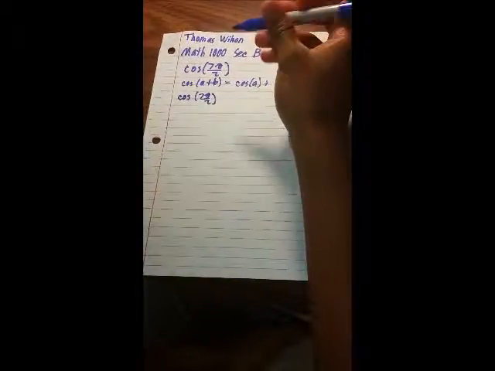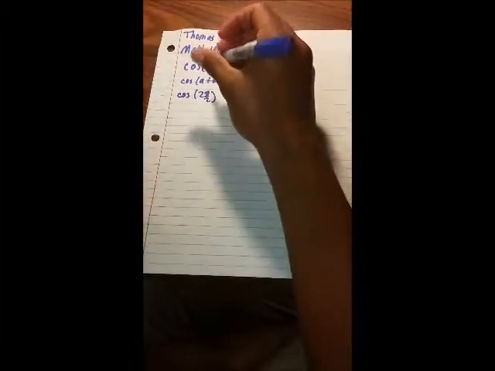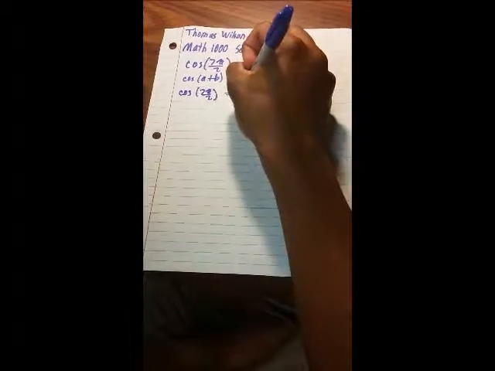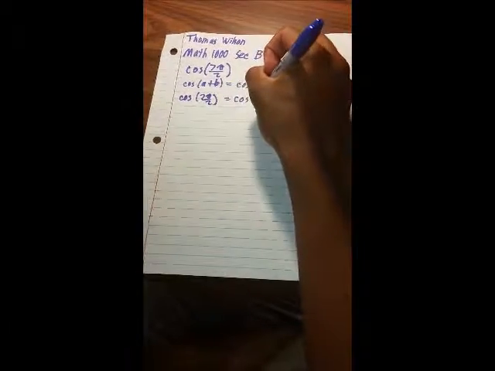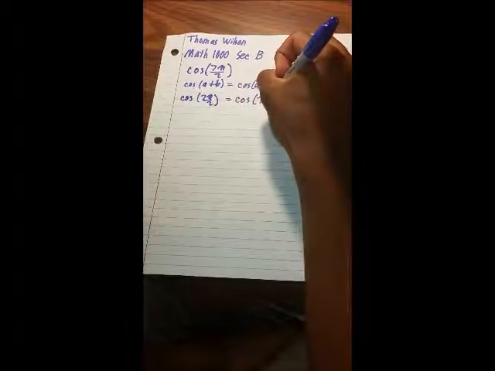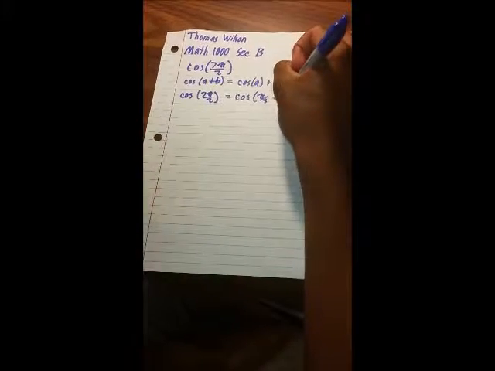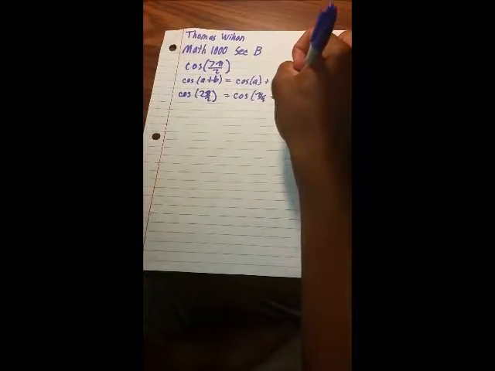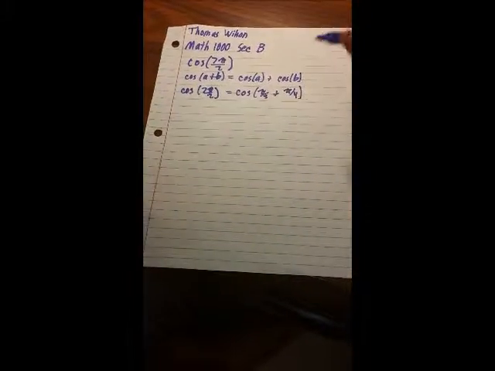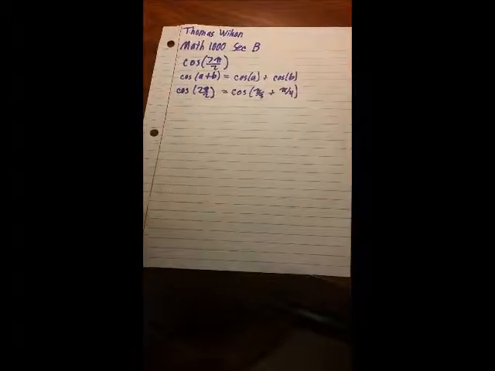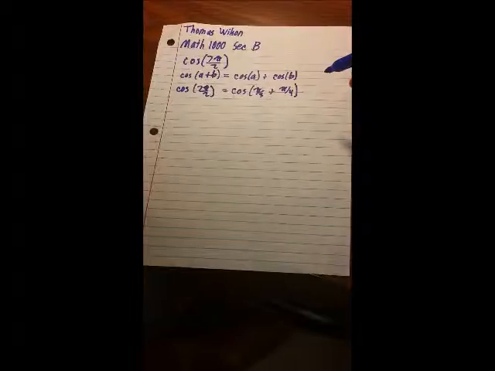Based on common denominator, we can split this up as cosine of pi over 3 plus pi over 4. These are going to be equal to 7 pi over 12.